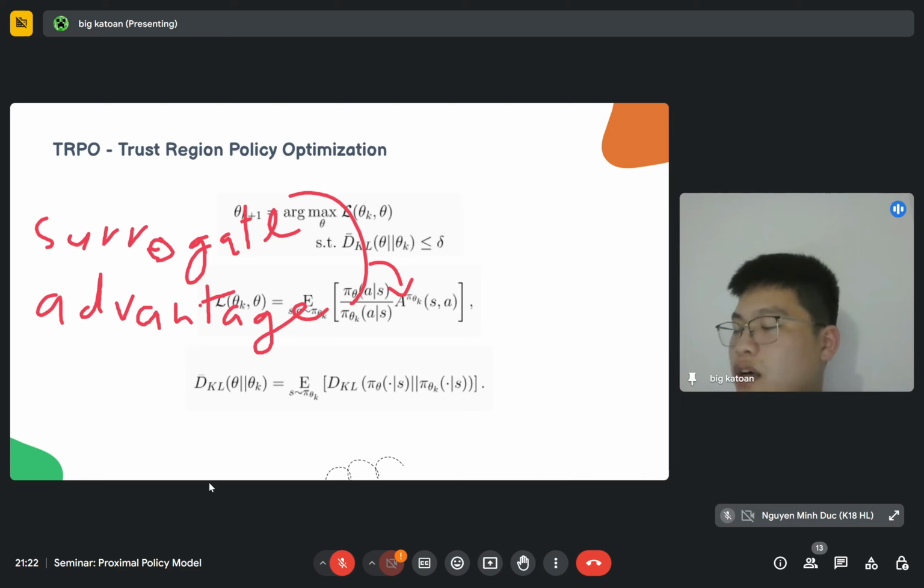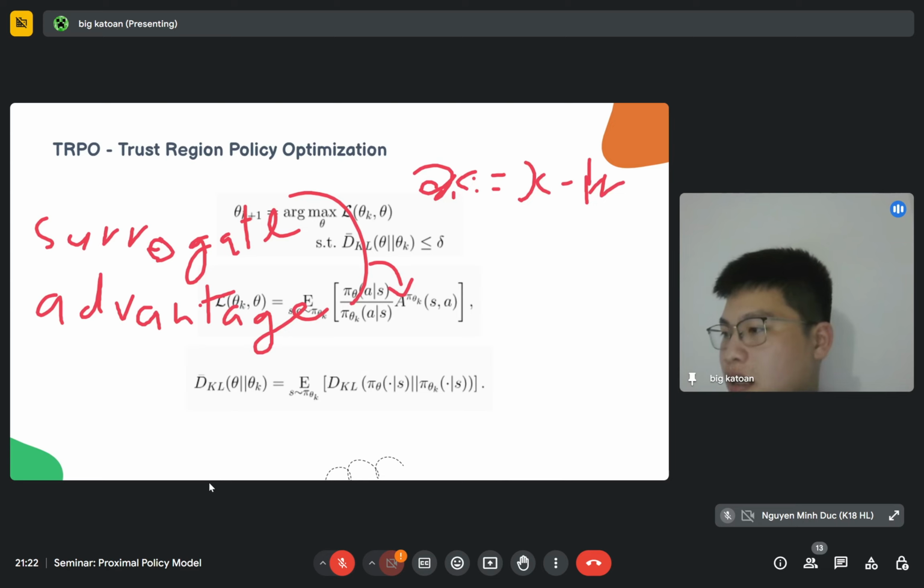It's like when you calculate the differentiation and try to update with the gradient, right? So x equals x minus LR times delta L over delta theta, right?